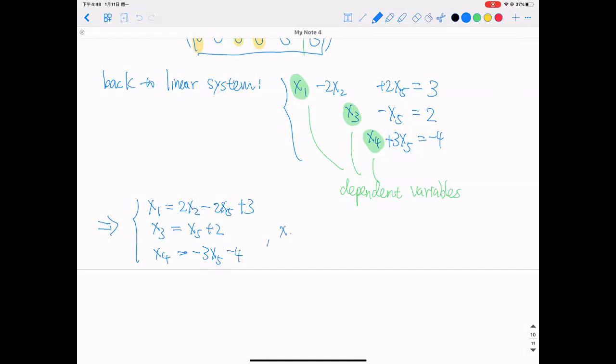And x2, x5 can be arbitrary. Okay, so this is the solution. These are all the solutions to this linear system given. Okay, very good. All right, that's the end of this lecture.